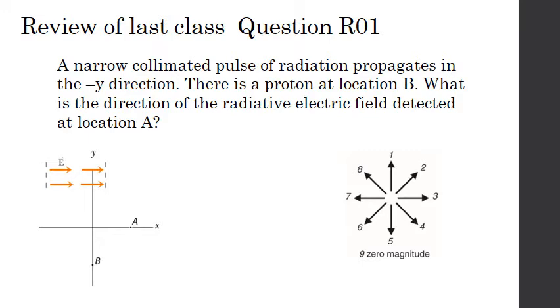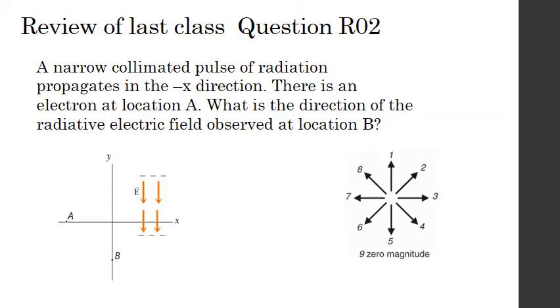And there's the minus sign in the calculation of the radiative electric field. So that's going to put it in direction 8 at location A. I hope you can get that answer. If not, you need to go back and practice how to find the direction of the radiative electric field. On to the next question.